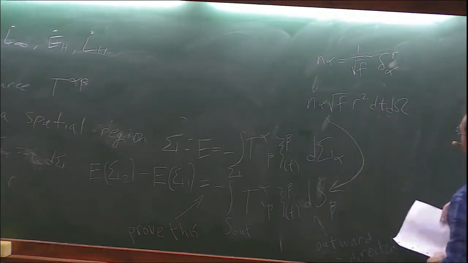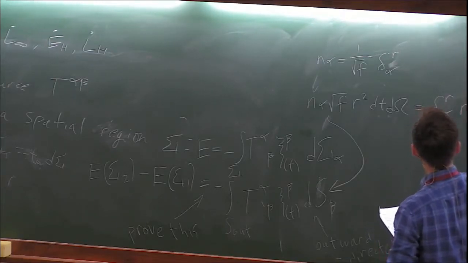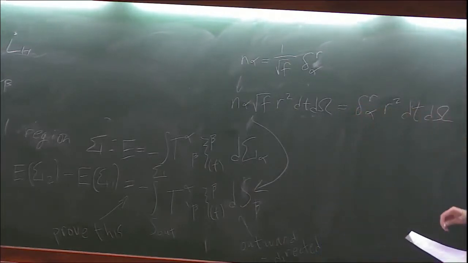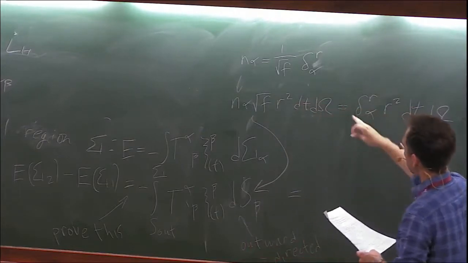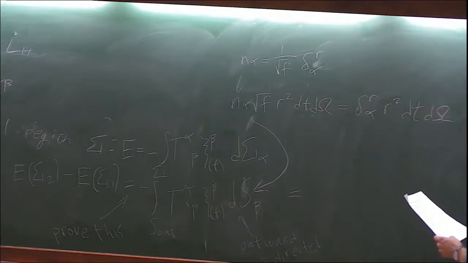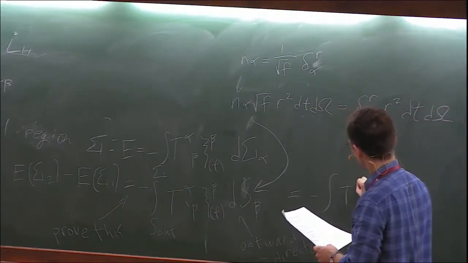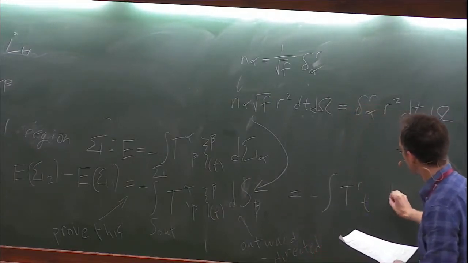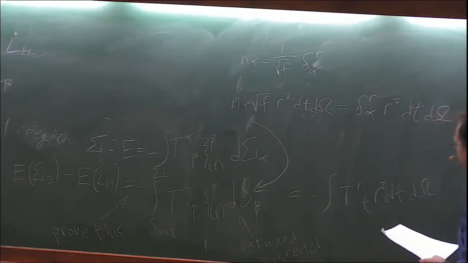So this square root of f cancels that square root of f. And you just have delta r alpha r squared dt d omega. So this is just the flat space surface element of a surface of constant r. So all the Schwarzschild factors cancel out. So if we plug that in, and if we plug in that Z beta of T is just delta beta t, then what we've got here is T r t dt r squared dt d omega.